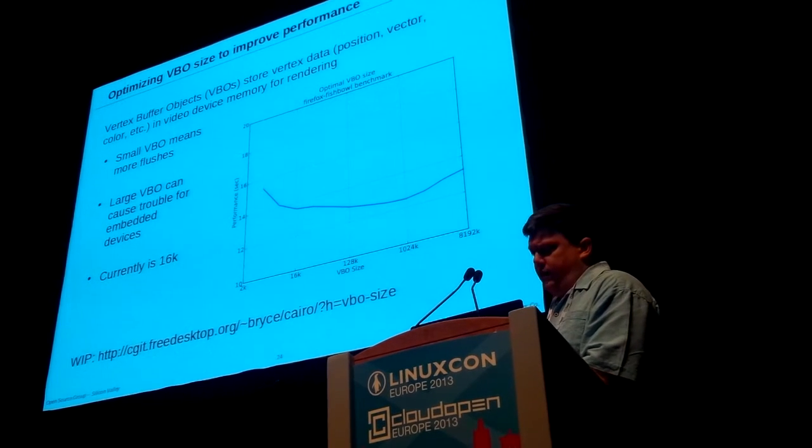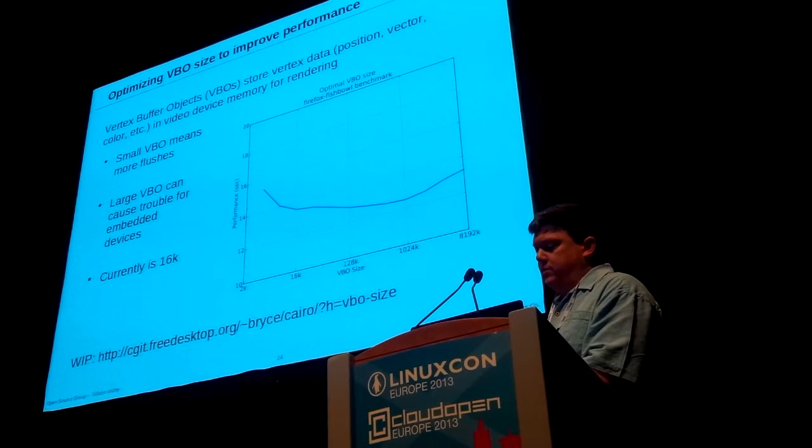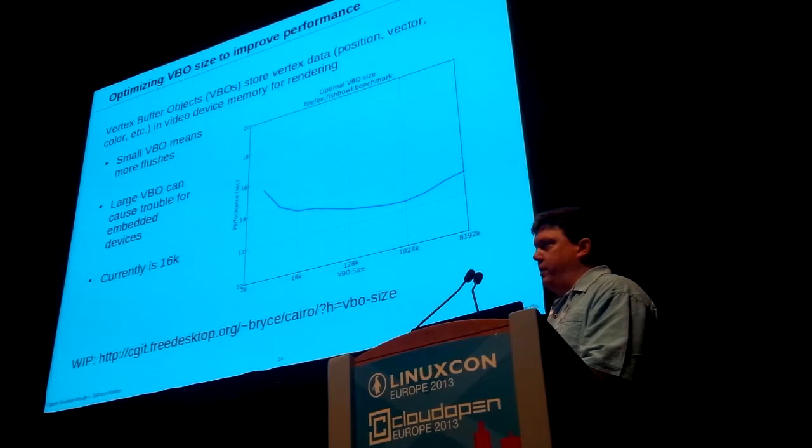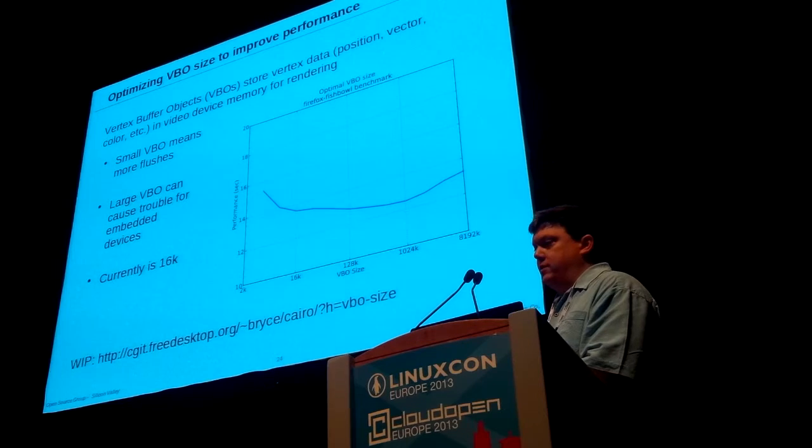Yeah. So one thing that I thought is if it literally is just an issue with embedded, why not just make it a compile time thing? Because if you're compiling it, you know what platform you're targeting, and for those particular embedded cases, you can just set it to 16 or whatever.